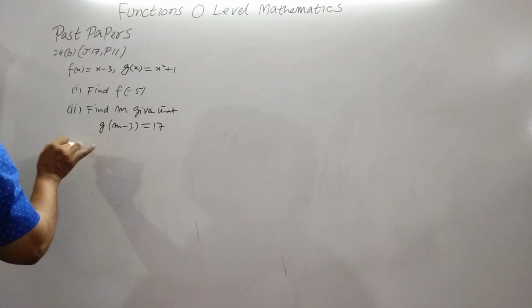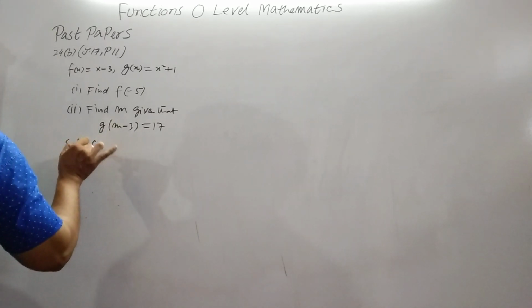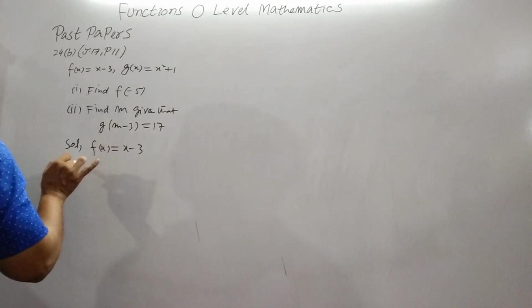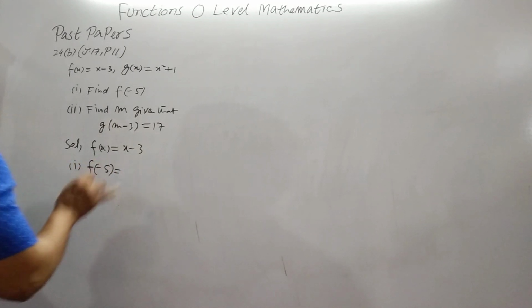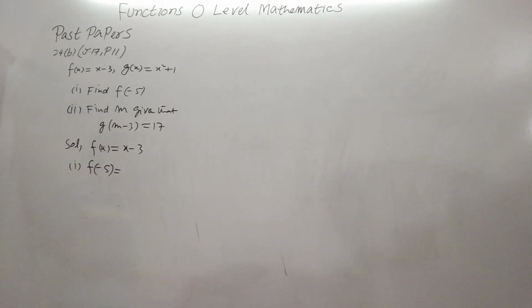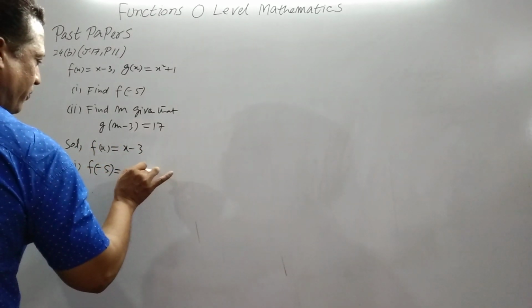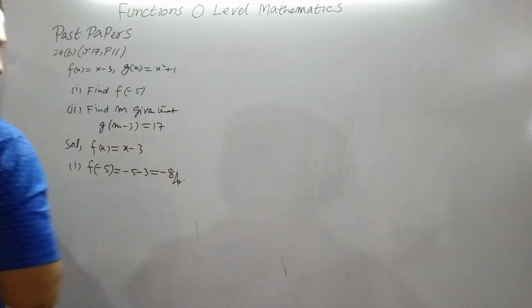Very easy question. Solution: first part is given that f(x) is equal to x minus 3. We need to find f of minus 5, so we have to put minus 5 where we see x. x is minus 5, minus 3, minus 5 minus 3 is what? Minus 8. Minus 8 is the answer.